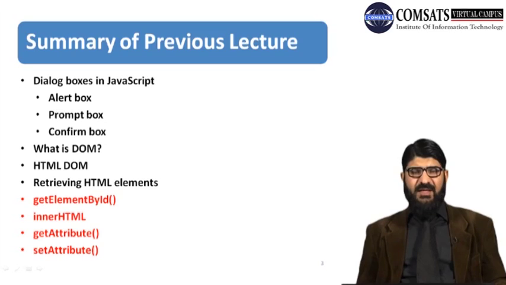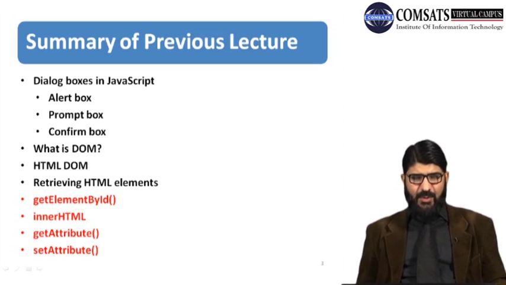So the values that are taken by the method are assigned to the variable, and then those variables are used further to set and get the attribute. The variables are used inside the functions.